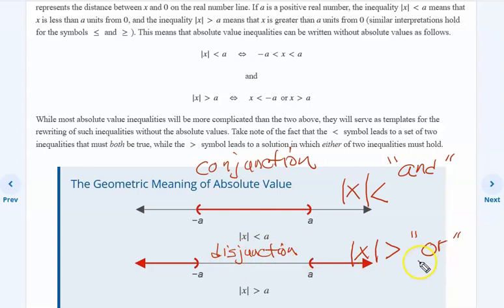Disjunction is associated with or, either or both. Conjunction, both must be true. Another way of looking at this, this is an intersection, and this would be a union in set symbolism. So we're giving you some background.